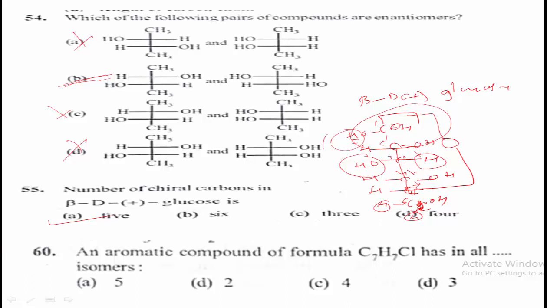Sorry, I write the isomers of the compound C7H7Cl like this. I write here the structures. Here on the benzene ring, one side there is a CH3 group and one Cl.